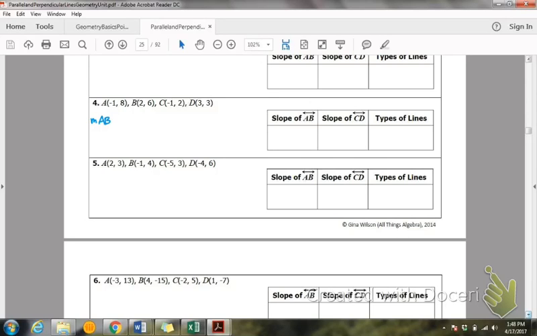A, B, and C, D. Yep. Do the whole thing and then check with your neighbor. Make sure you guys got the same thing.